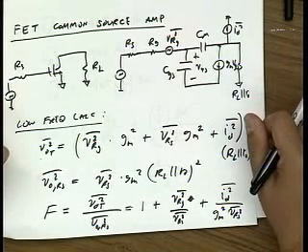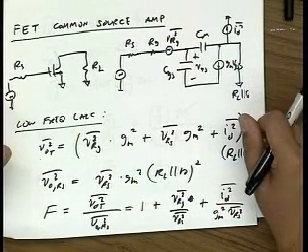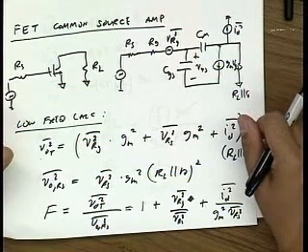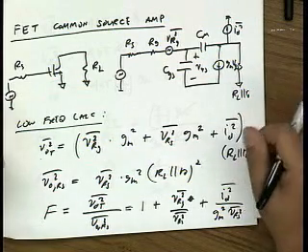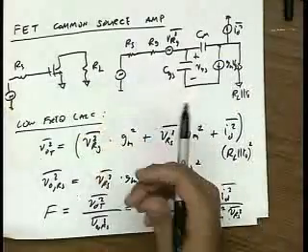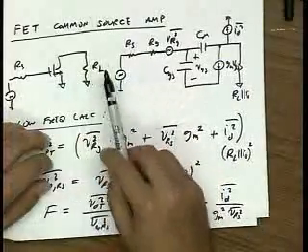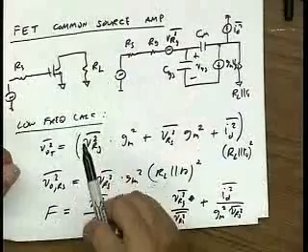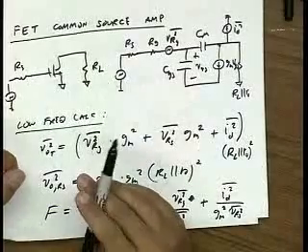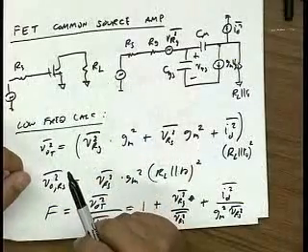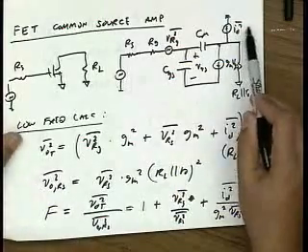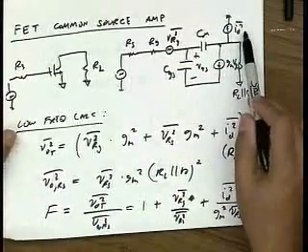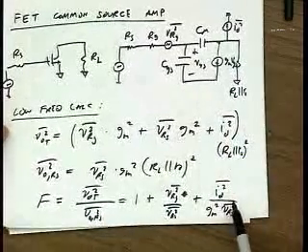Okay? Yes? But when you're calculating the noise figure for the amplifier itself, you neglect RL anyway, right? Depends. If I consider RL to be part of the amplifier and I'm actually interested in the signal to noise ratio at the output, then I should include RL. In fact, you can see that RL's noise is just in parallel with this guy, so I can just add it directly on here.